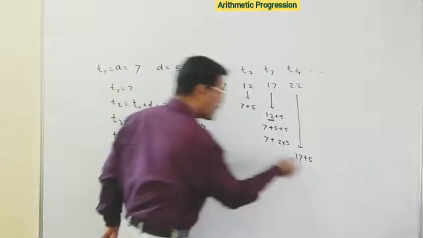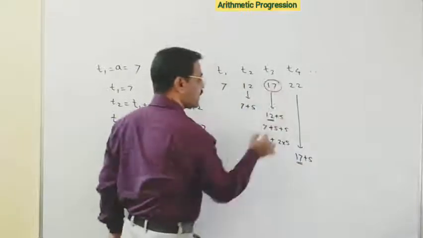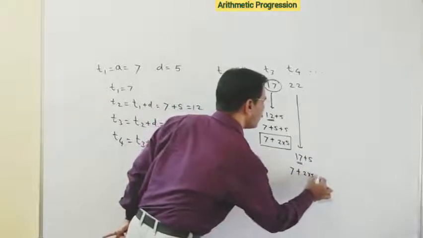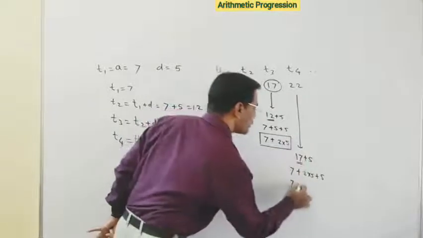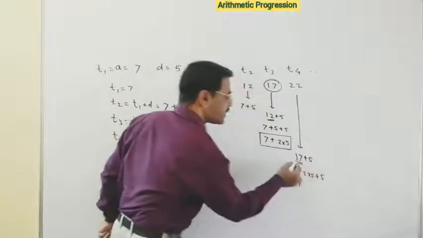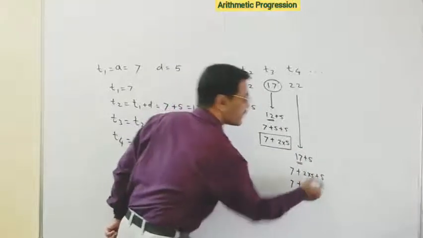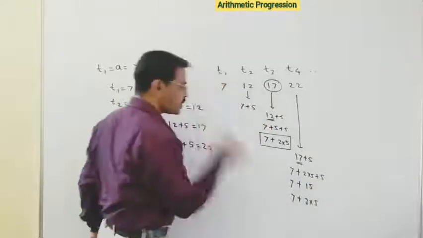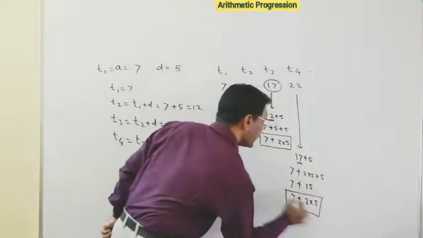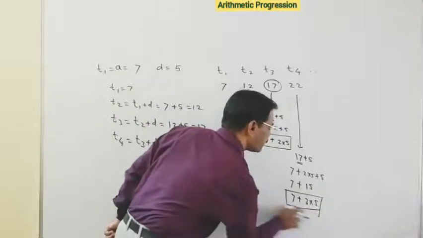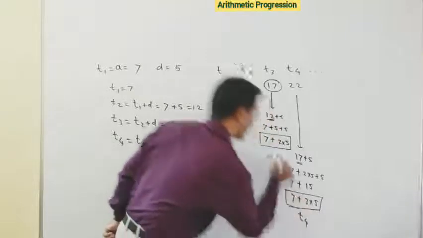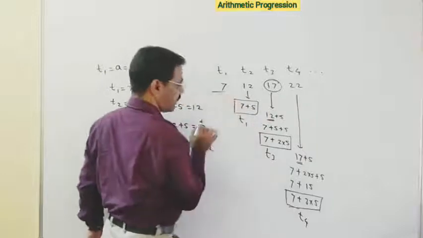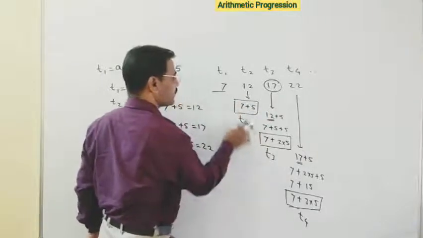What is this 17? 17 is nothing but this full part, 7 plus 2 into 5, plus again 5. That is 7 plus 10 plus 5, which is 15, so 7 plus 3 into 5. Just observe here. This is T4, this is T3, this is T1, and this is T2.